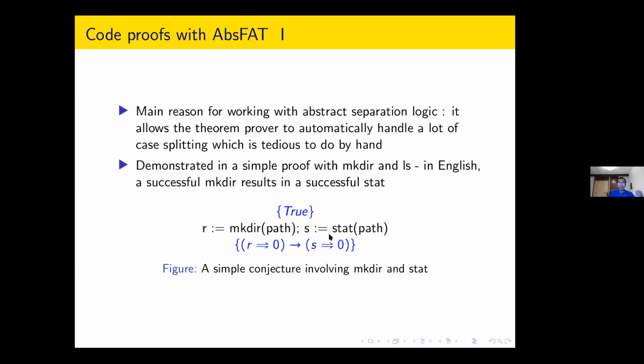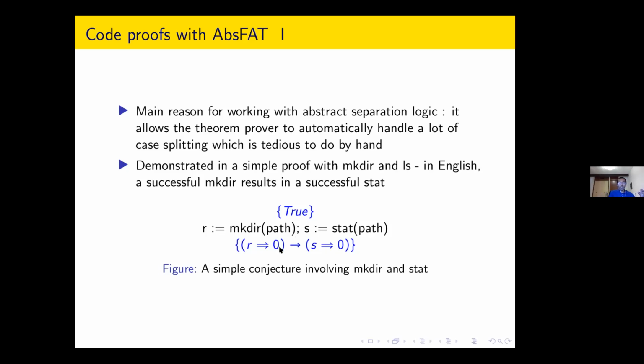This is a proof which illustrates the point of several kinds of case splitting coming up during its resolution, either by hand or in the theorem prover. And that kind of case splitting should be intuitive from what I showed you about mkdir a few slides ago, in that a fairly simple operation which does nothing but create an empty directory can split into several cases, and so it is with stat.